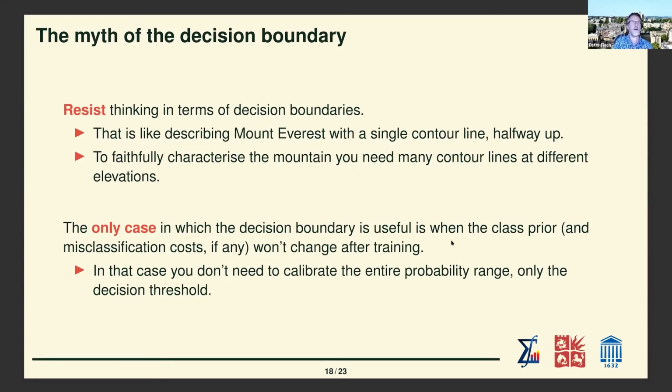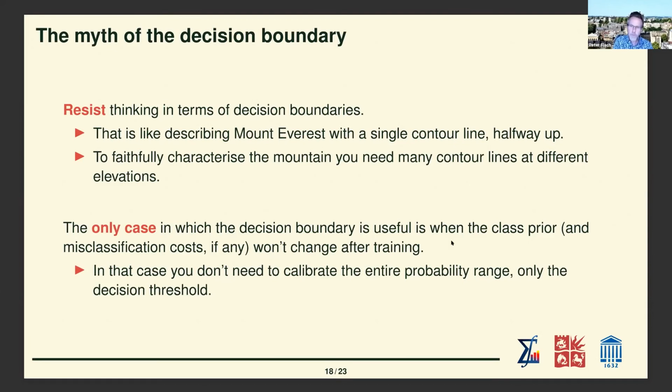If your application is guaranteed to have those properties, then you can actually ignore most of what we said this afternoon, and all you need to do is make sure that your decision boundary, your threshold, is in the right position. So you could say, in the two-class case, you only have to calibrate the threshold 0.5 on the posterior.